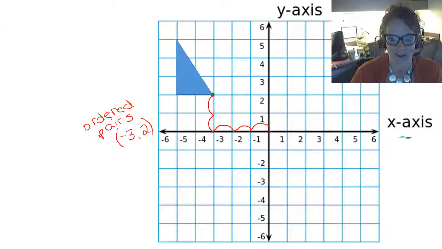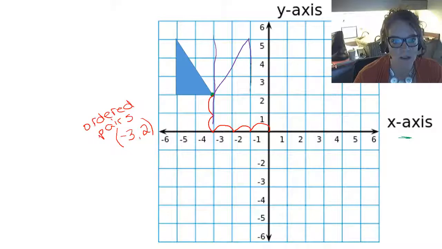Okay, so if I'm going to put this blue triangle in a mirror, let's say that our mirror is right here. Look at that nice straight line. Okay, so that is my nice straight line. That's going to be our mirror. So if that blue shape was looking at itself in the mirror, it would go something like this, right?